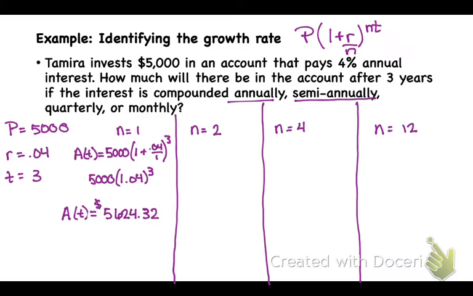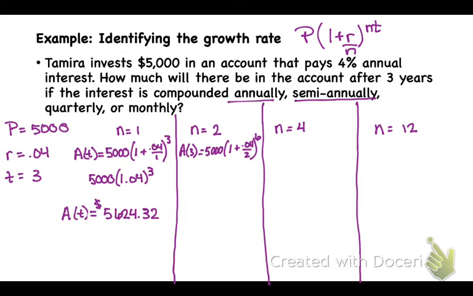Okay, so what's going to change? The T, the N. So it's going to be A of T, and what is T? 3, right? So I could put A of 3 equals 5,000 times 1 plus 0.04 divided by 2, to the 6.